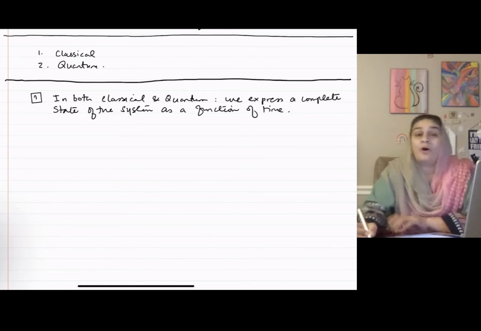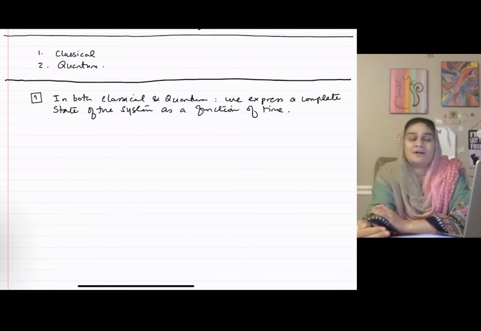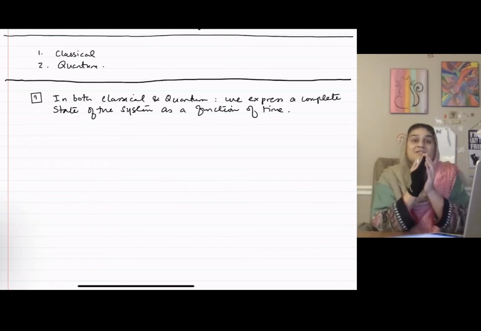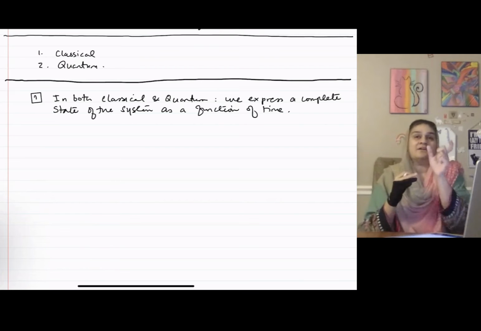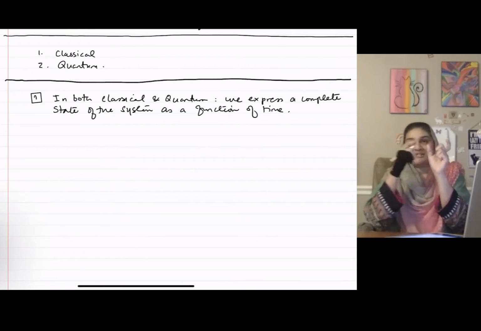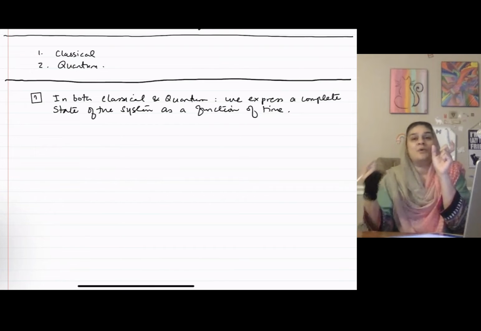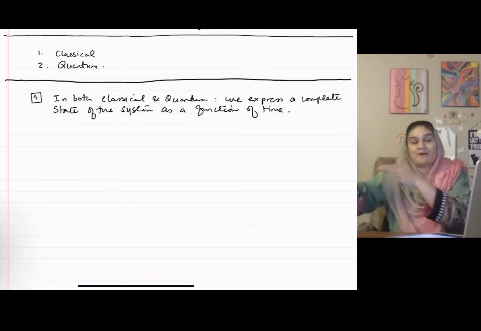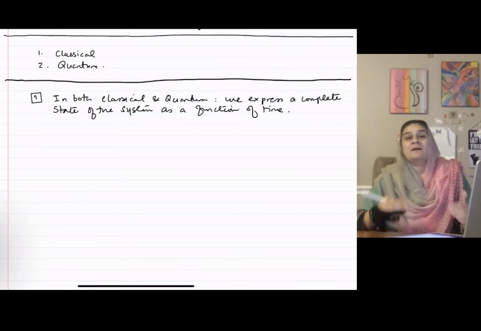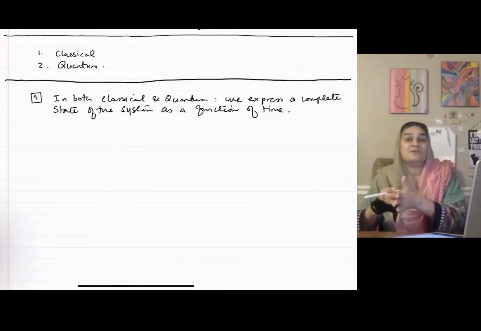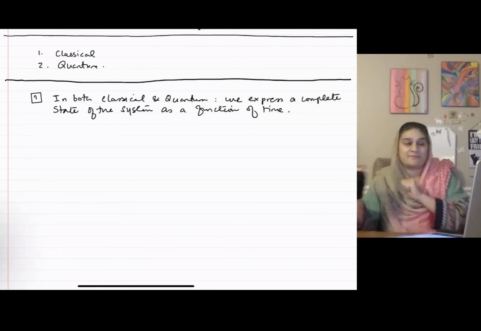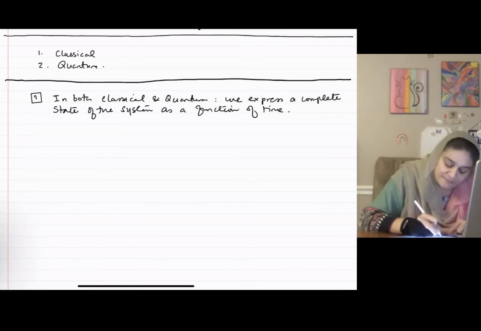Which means mostly what we are concerned about is how does our system evolve over time? If I have a car moving at 55 miles per hour, where will it be in, say, 30 minutes or in 60 minutes? In both quantum mechanics and classical mechanics, we want to know the state of our system as a function of time. However, there is a difference.